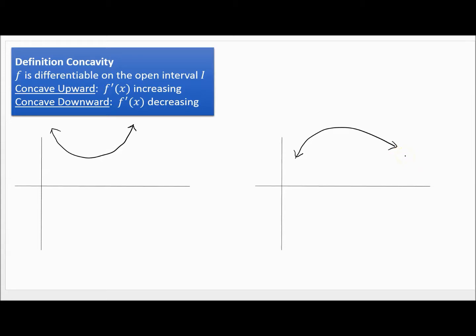Now, how that relates to the derivative, let's talk about it. The derivative on this side, now remember the derivative. This is a decreasing graph, right? But what is the derivative over here? Since it's a decreasing graph, the derivative is negative. Does that make sense to you?